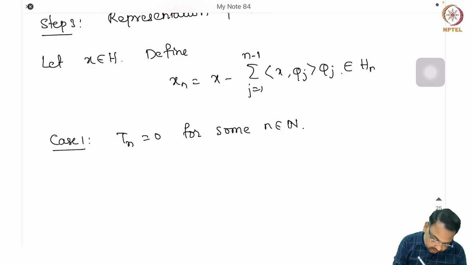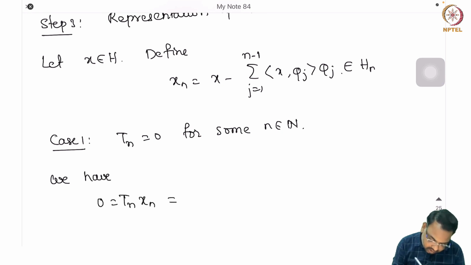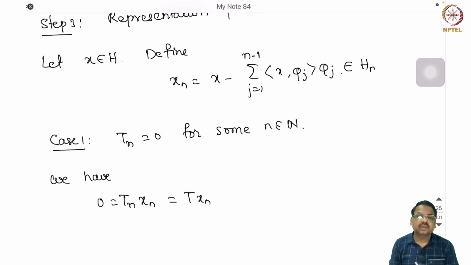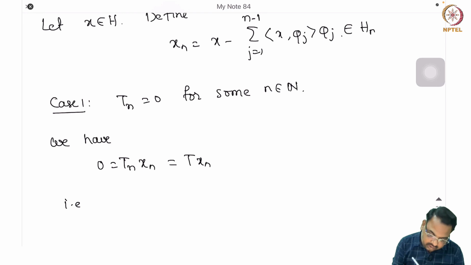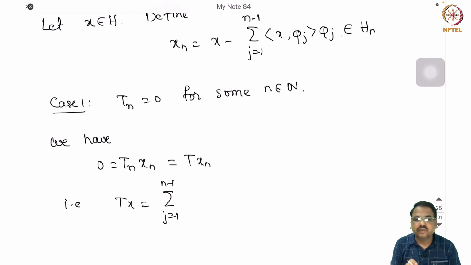Now since Tn is 0, we have 0 is nothing but Tn xn, but Tn xn is nothing but T xn, because Tn is a restriction of T. That means T of xn is 0, that means T of x is nothing but summation j equal to 1 to n minus 1 inner product x with phi j multiplied by T phi j, but T phi j is lambda j phi j.